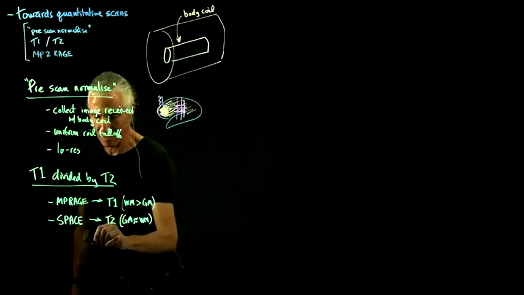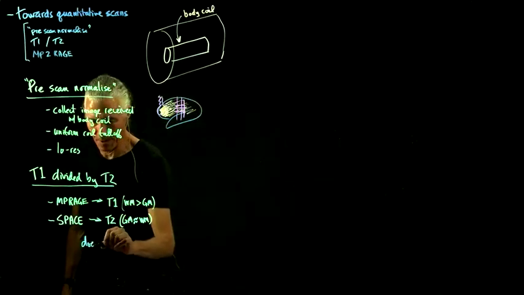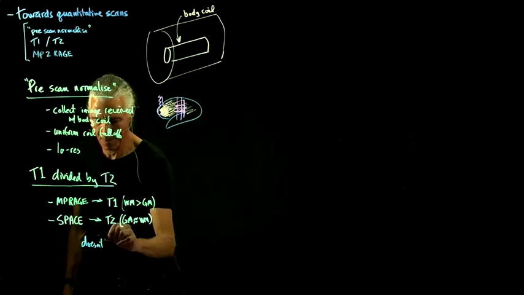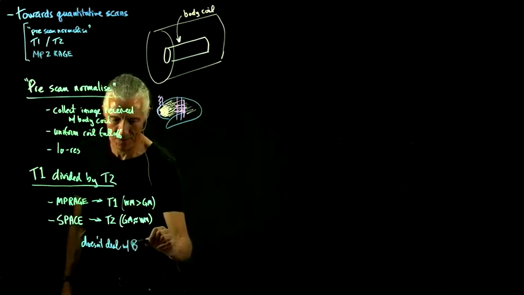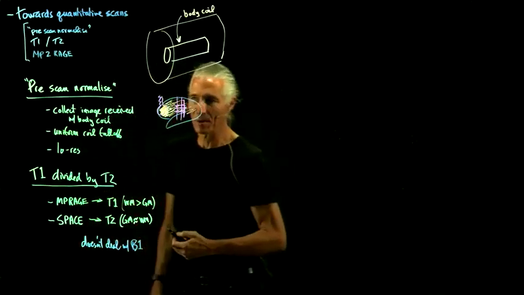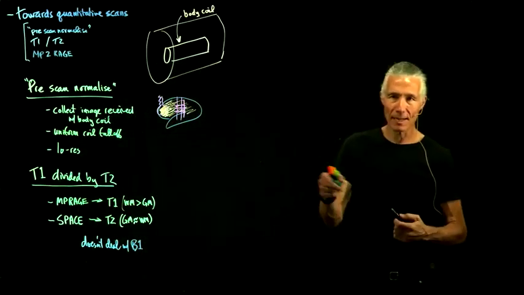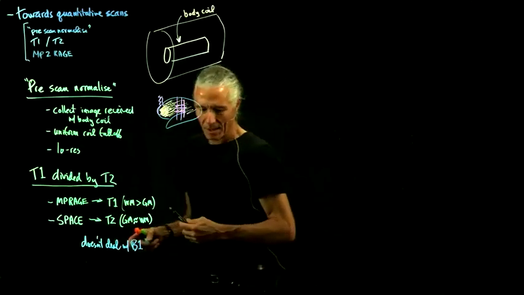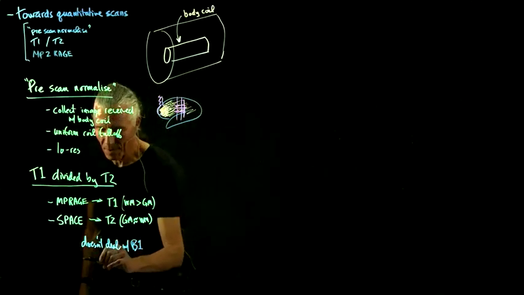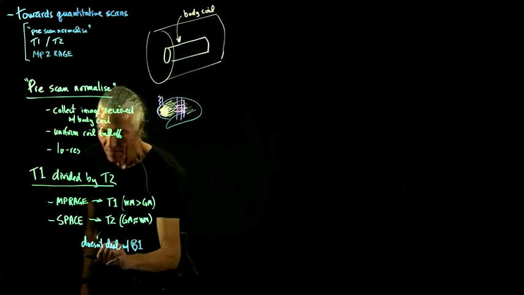It doesn't deal with B1. So there's still these B1 differences that are causing differences in contrast in different parts of the image, and it also has the problem that there's different distortion.